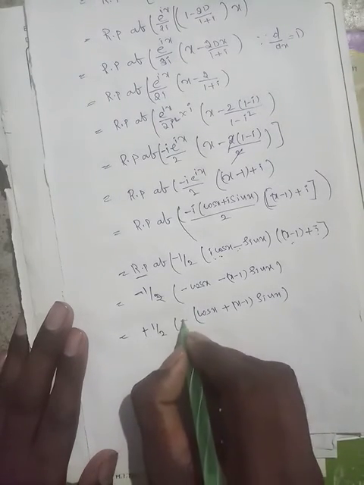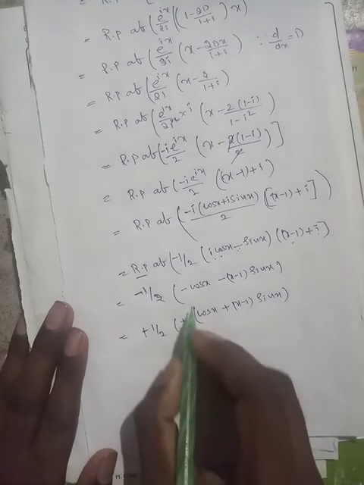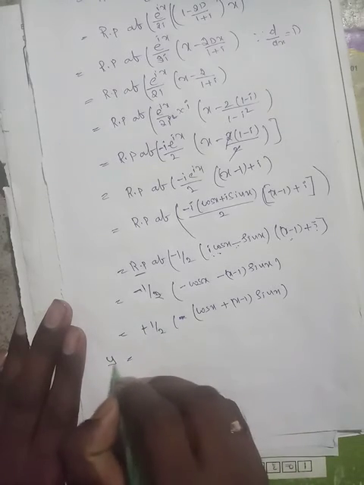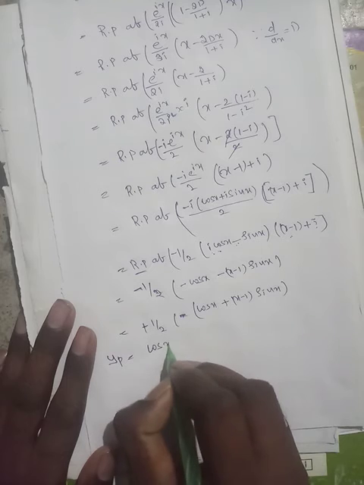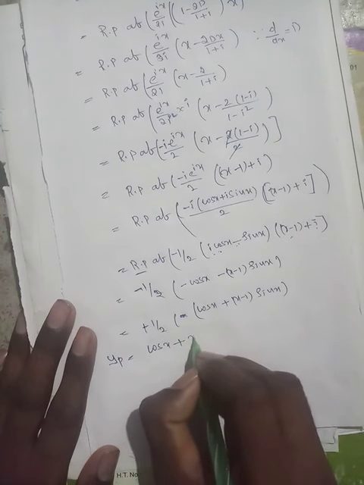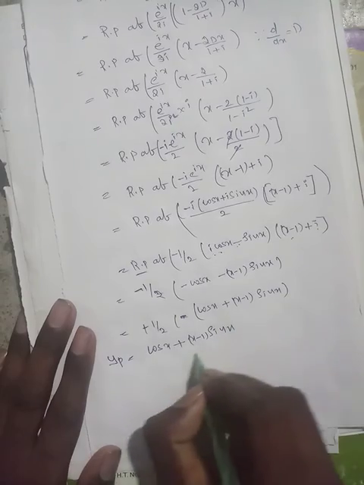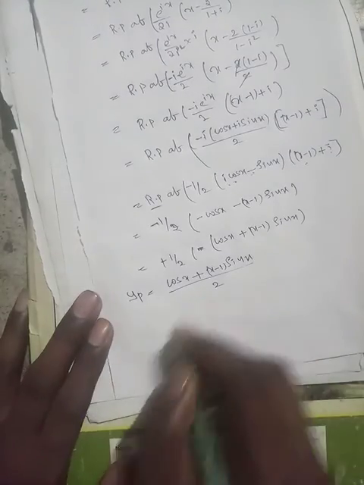So here minus into minus becomes plus. So finally our yp is cos x plus x minus 1 sin x by 2. Okay, so this is our yp.